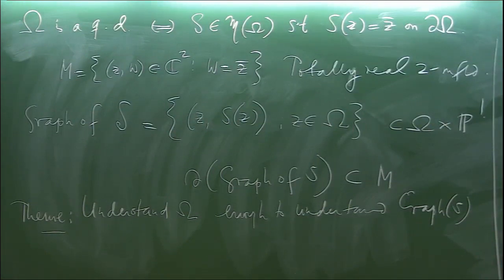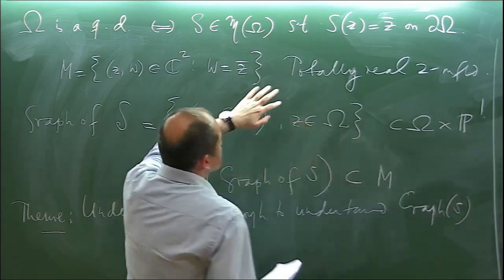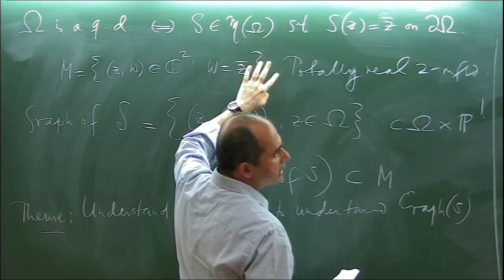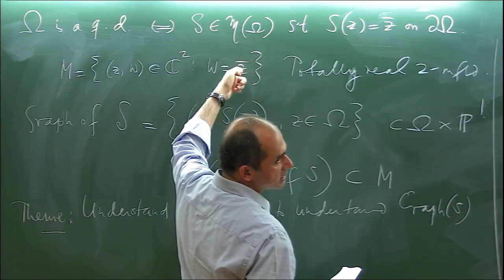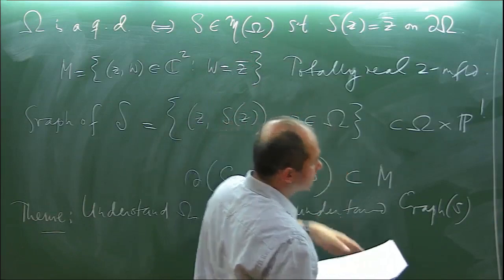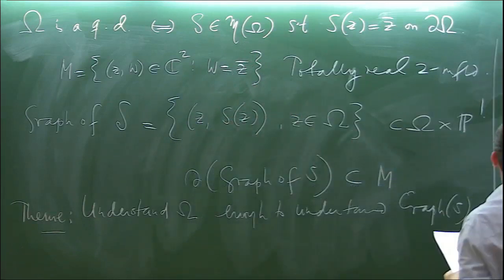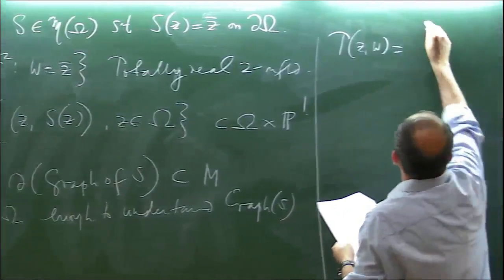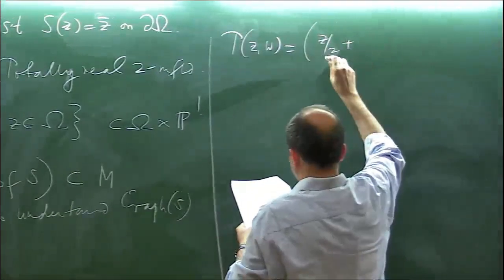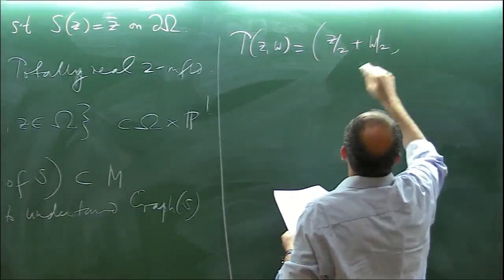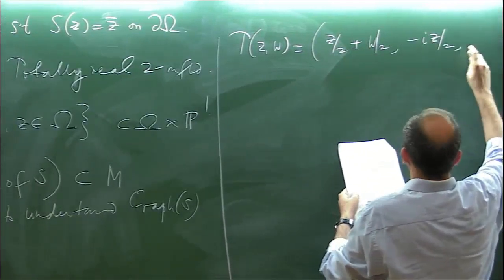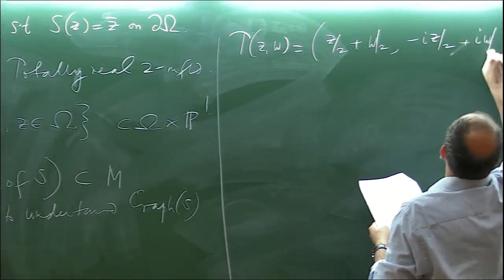Just to make the exposition a little sort of transparent here, this is a totally real two-manifold. I'm going to do a C-linear change of variables and make this a copy of R2 inside C2. Okay, so let's do that. Just write all these things down for completeness. So let's look at z over 2 plus w by 2, and I have minus i z by 2 plus i w by 2.